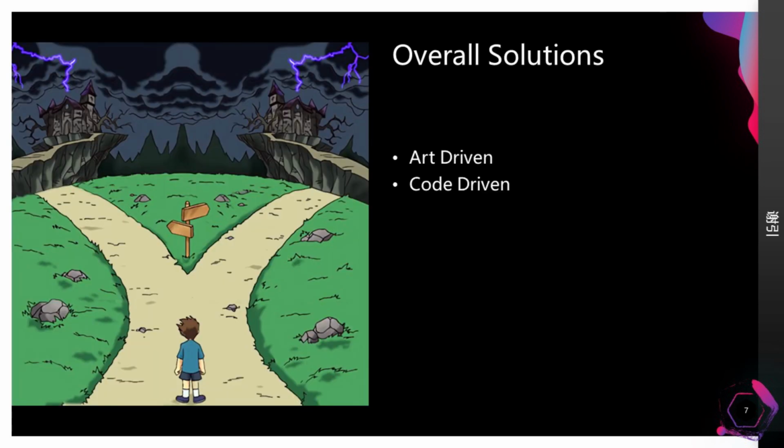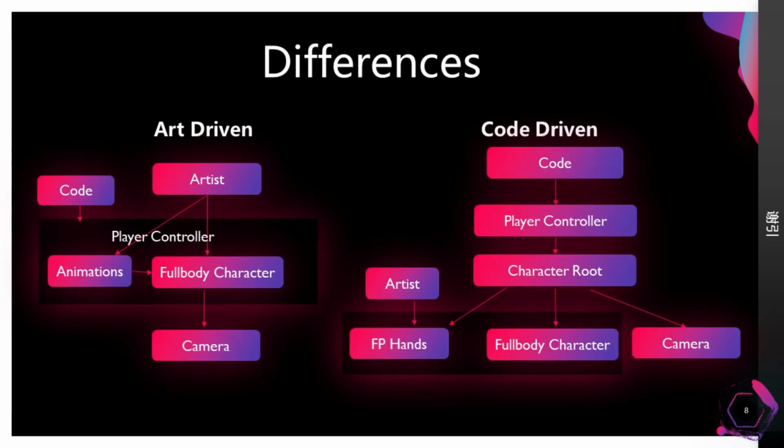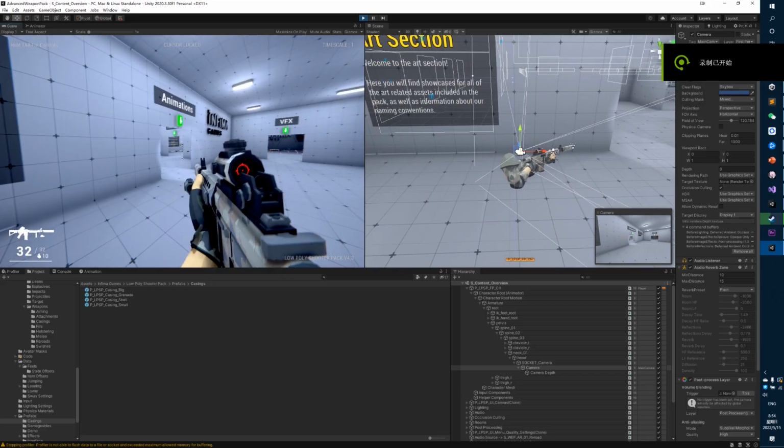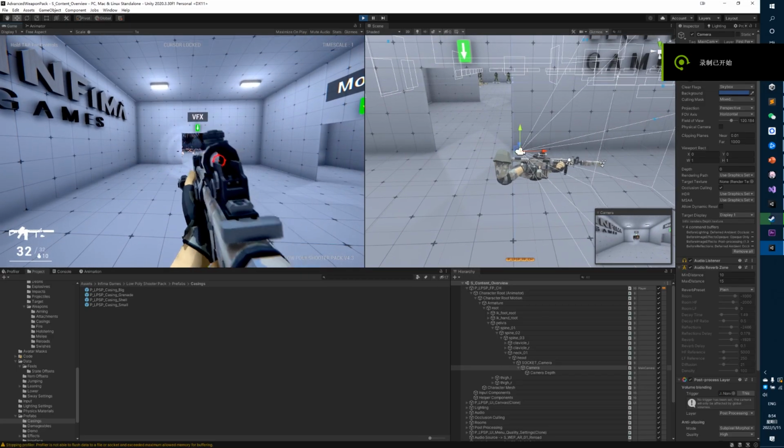Let's see the solutions for FPS games. Actually, nobody told me this, but you can often see a lot of FPS games or FPS frameworks generally going differently in these two paths, the art-driven and code-driven. The art-driven is that you have a full-body character which contains a camera bone near the head, and your first-person camera will be under or driven by this camera bone.